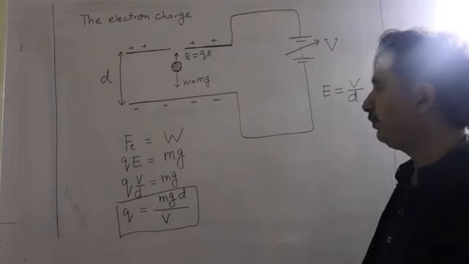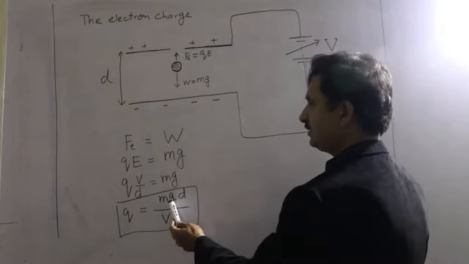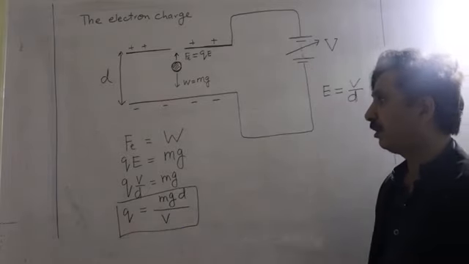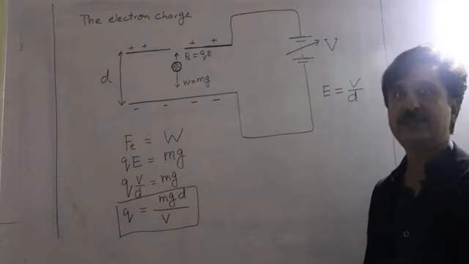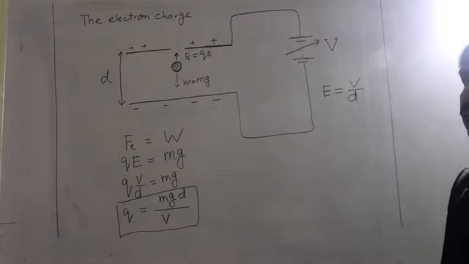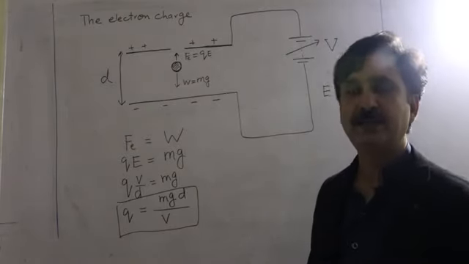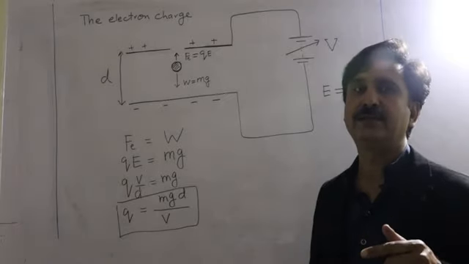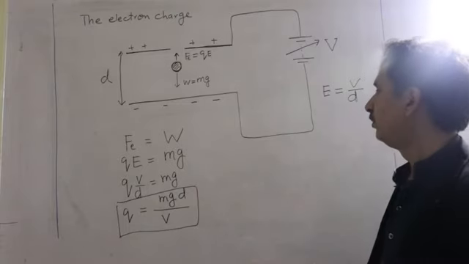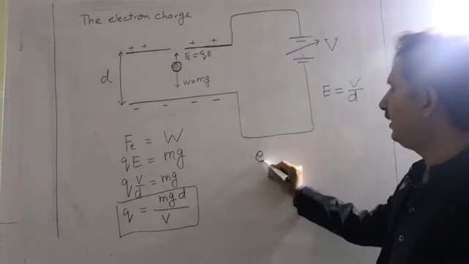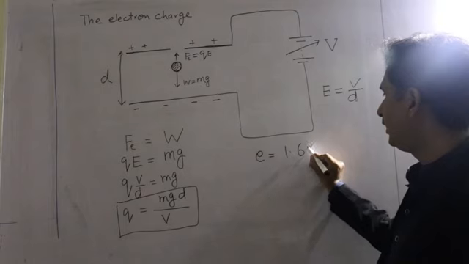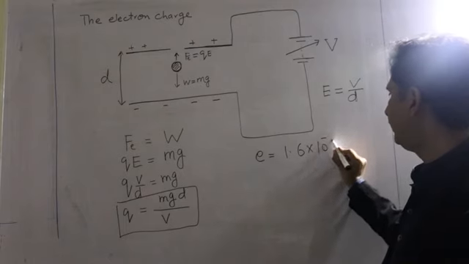When Millikan put in the mass, value of g, separation and potential difference, he always found a value of charge which was a multiple of a specific number. Every time he found different quantities of charge, but these quantities were multiples of a specific value, called e, and this is 1.6 times 10 to the power minus 19 coulomb.